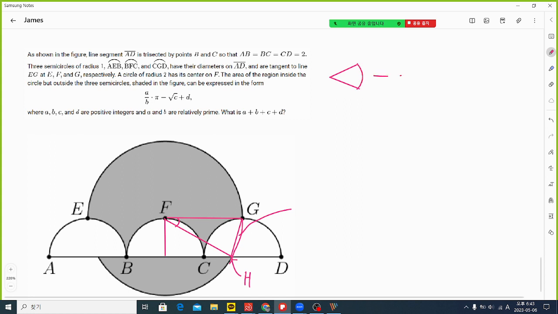So I want to do this, to find this part.